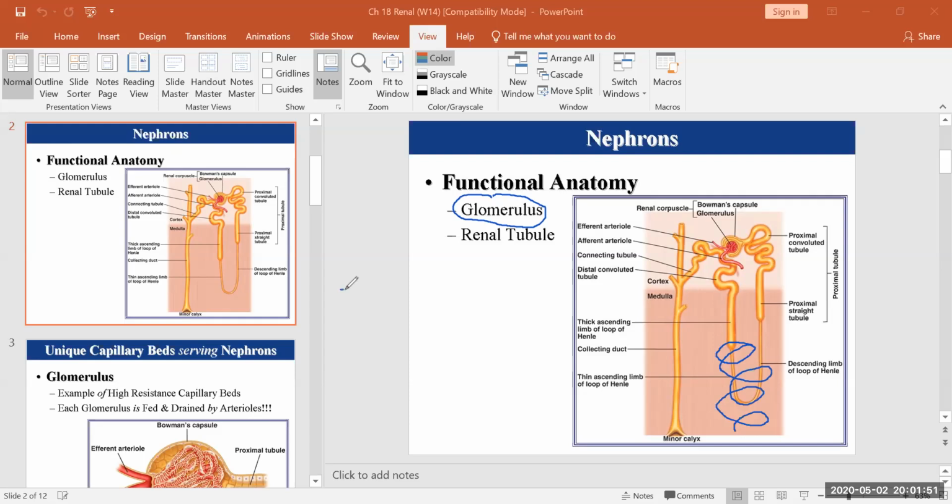When you have a normal standard capillary bed, I'm trying to reproduce it here as a cartoon. Change color. So blood goes in and comes out. Okay, goes through here. Goes through here.